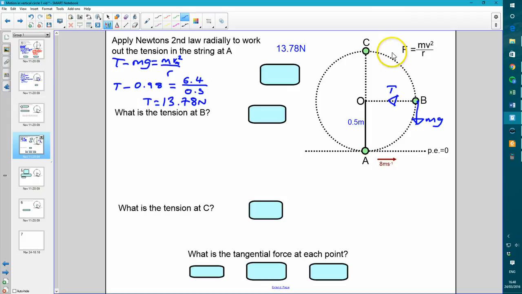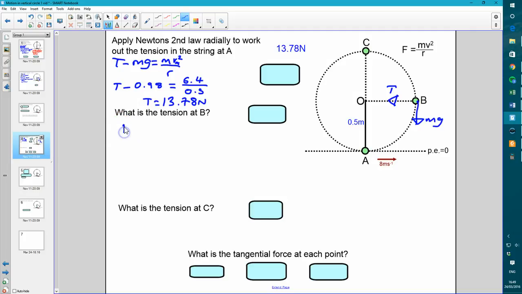So when we're using Newton's second law radially, the F stands for the net force towards the centre of the circle. Well, the weight is acting perpendicular to the centre of the circle, so we're not going to include any of it at all, and we're just going to have our tension.